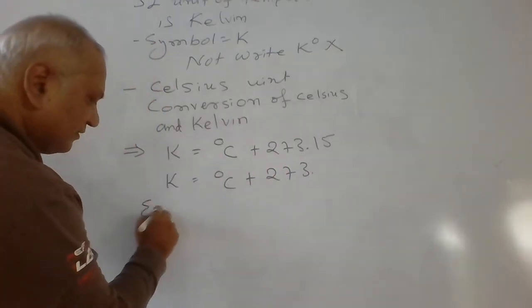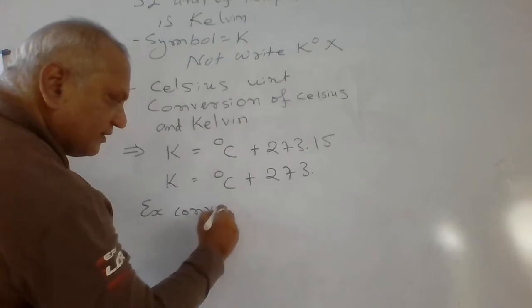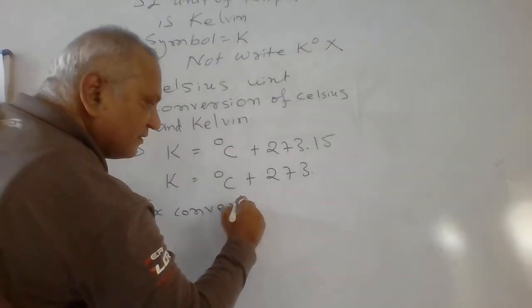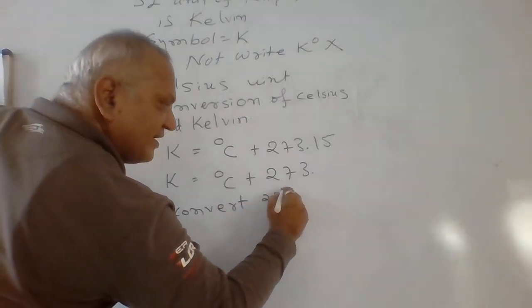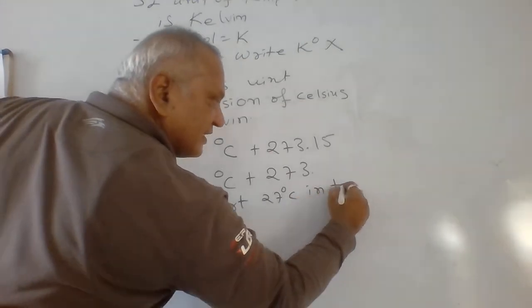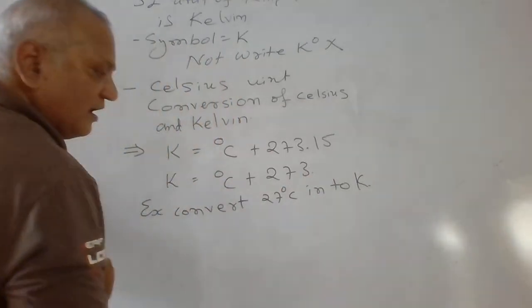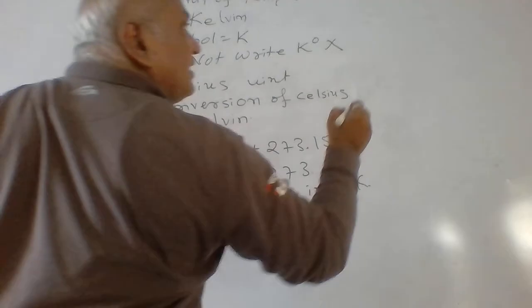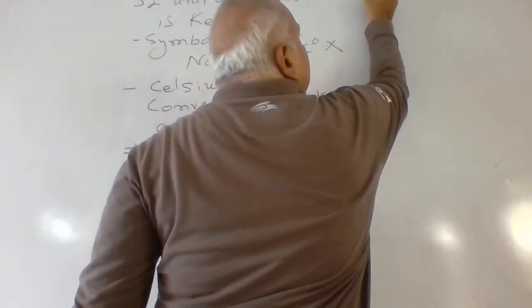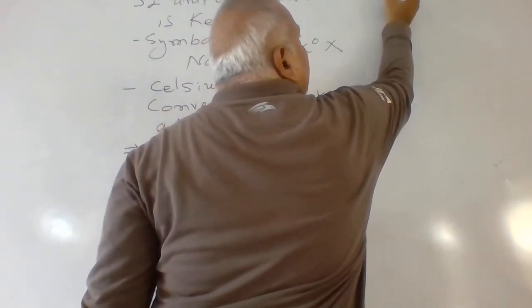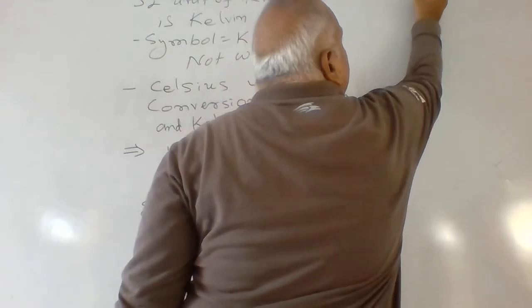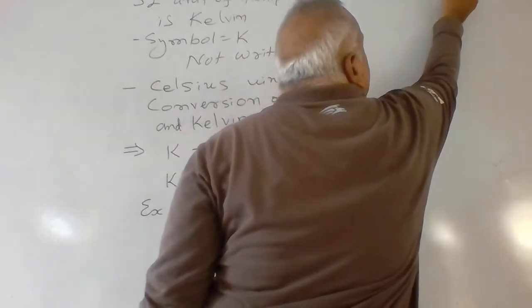For example, convert 27 degrees Celsius into Kelvin. How can we convert it? So look here. Answer: Kelvin is equal to degree Celsius plus 273.